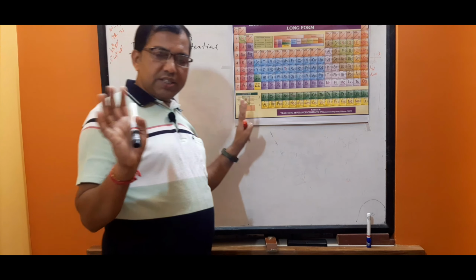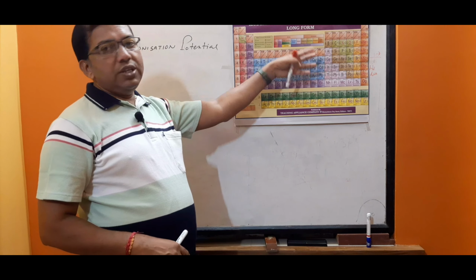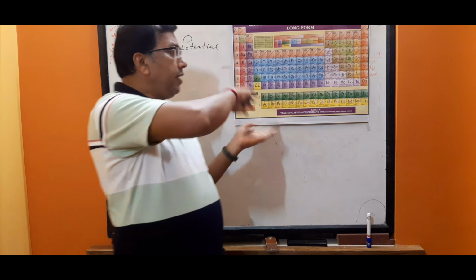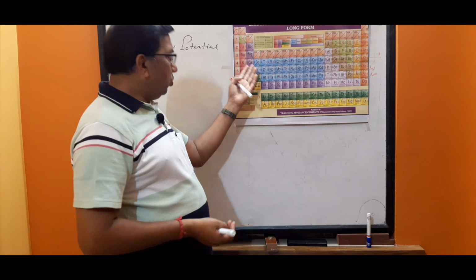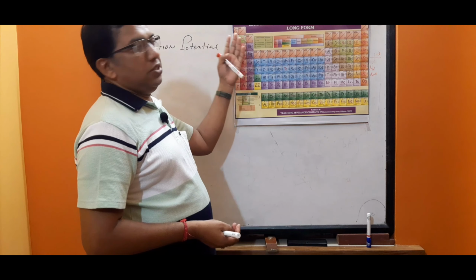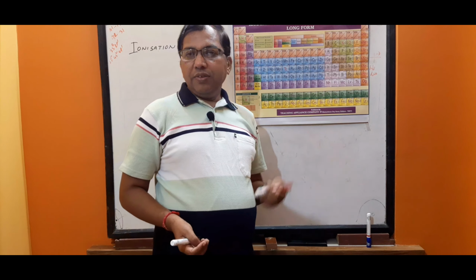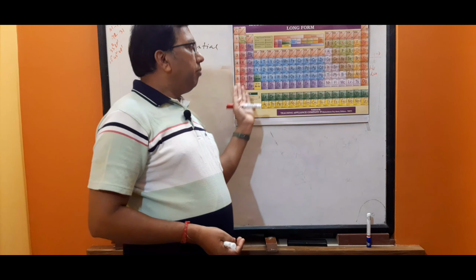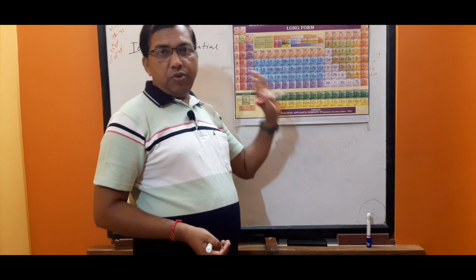In this case, the number of valence electrons or 8 minus the number of valence electrons is the valency. In case of 7, 8 minus 7 is 1. In case of 2, it is 2. In case of 1, it is 1.